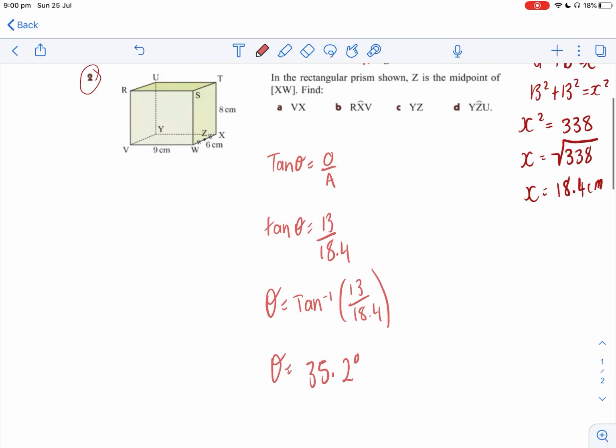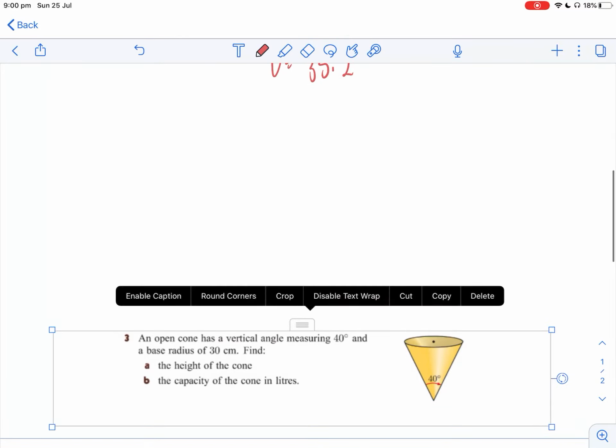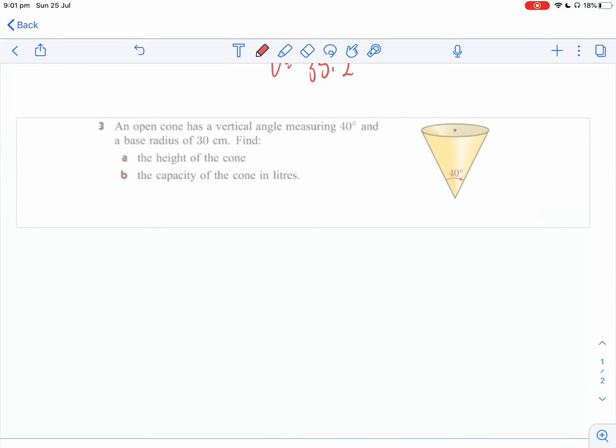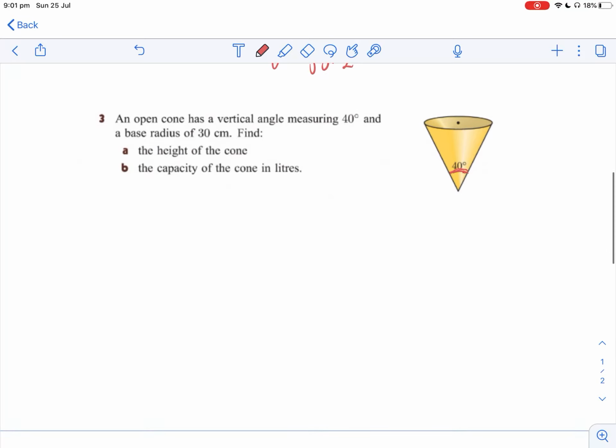The other question I'm going to have a look at in 10G, I'm not going to do this one for you guys, but I am just going to set you up for it. So question 3, it says an open cone has a vertical angle, so this full angle here of 40 degrees, and a base radius of 30 centimeters. So remember your radius is this length here, so you get a radius of 30.